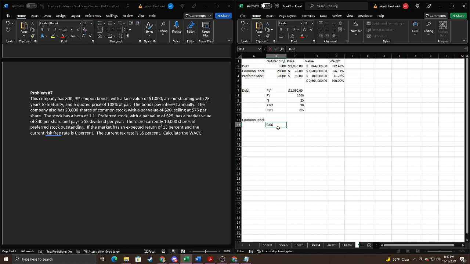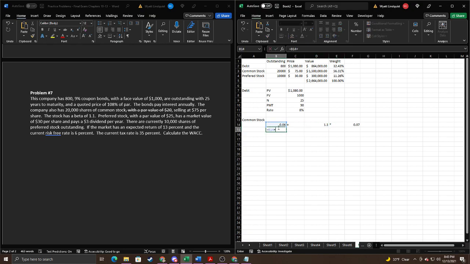So the risk-free rate is 0.6. We're going to add to that the beta, which in this case is 1.1, and then we're going to multiply that by the market return of 13% minus 0.06. So now we're going to actually do that.